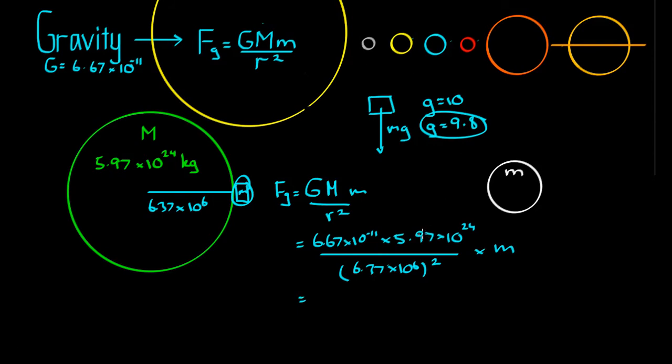I meant 5.97 here. At least I've written it right. And that comes down to approximately 9.81 times m. So our assumption that g is roughly equal to 10 is based on this idea that the force of an object sitting on the Earth's surface, the force on that object exerted by the Earth, is around 9.81 multiplied by the mass. That's the justification for that value of g.